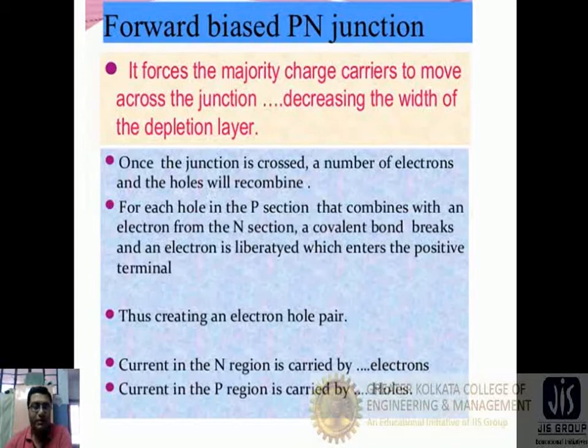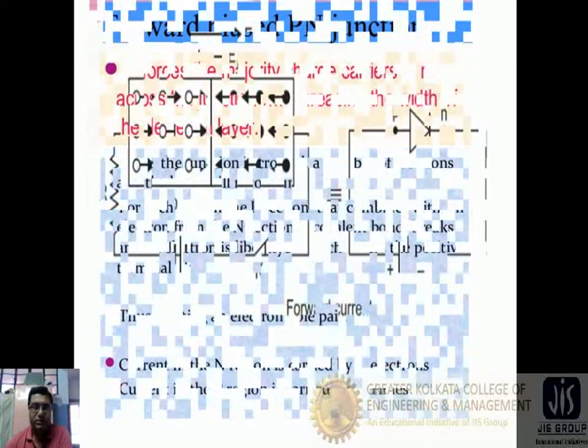That means it becomes free, which enters the positive terminal, thus creating an electron and hole pair. Current in the N region is carried by the electrons, and current in the P region is carried by the holes. So this phenomenon happens in the forward biasing of a PN junction.